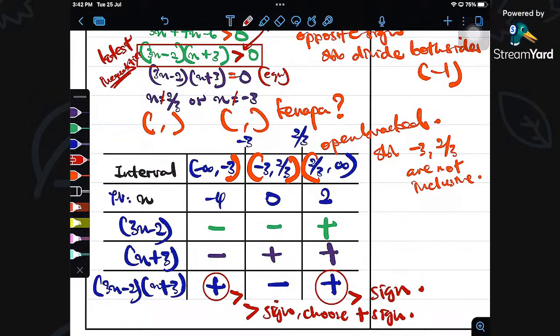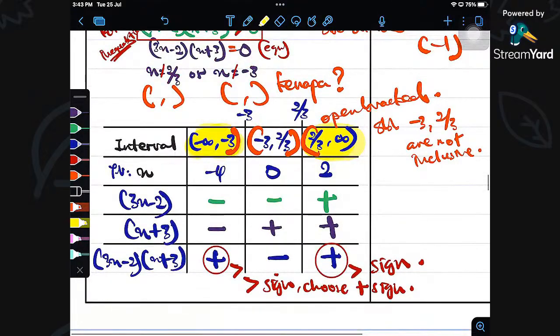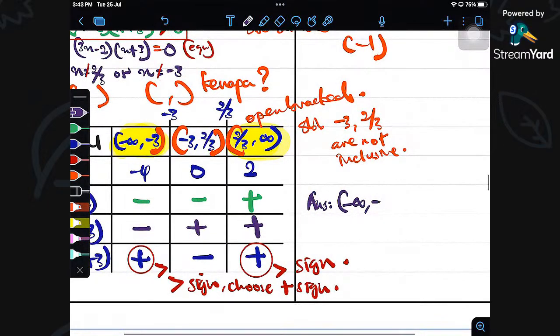Therefore the answer is just from negative infinity until negative 3 and then 2/3 until infinity. So, jawapan akhir dia adalah negative infinity until negative 3 union. Jangan lupa letak union from 2/3 until infinity.